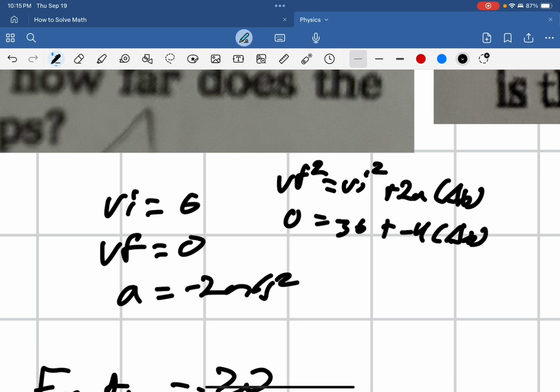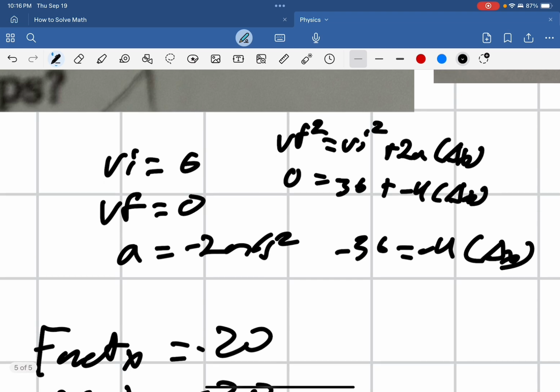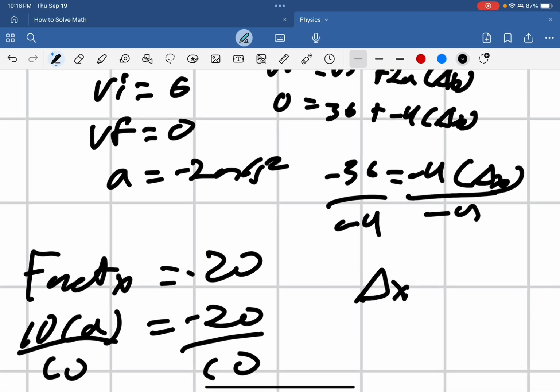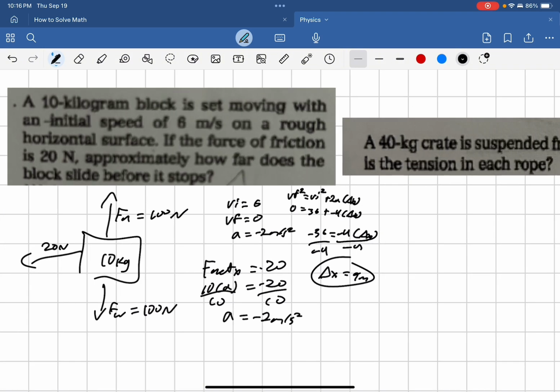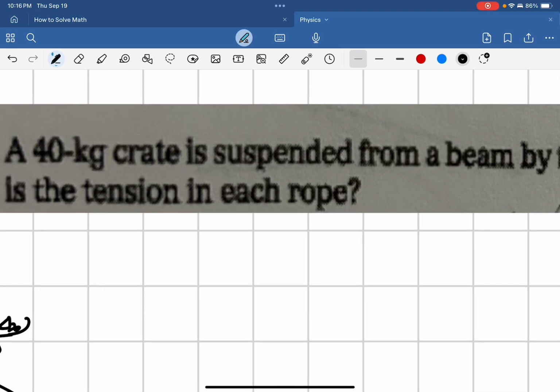So negative 36. We're going to move it to the other side, so negative 36 is equal to negative 4 change in x. Divide by negative 4, divide by negative 4, and you get change in x is equal to 9 meters, and that's going to be your answer. It should be D on the homework.